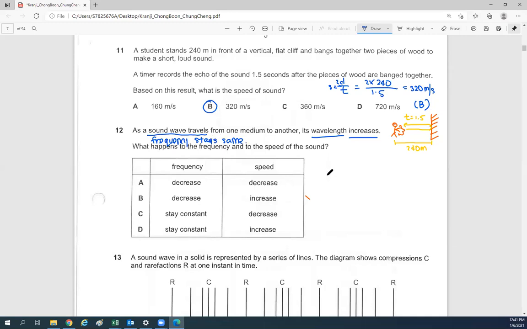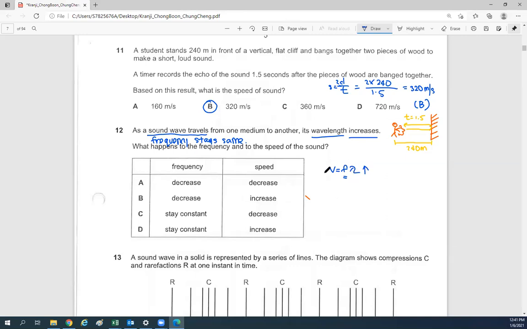All right. So right now, if I'm going to use v = fλ, this formula, they say that the wavelength increases. The frequency I just told you stays the same.